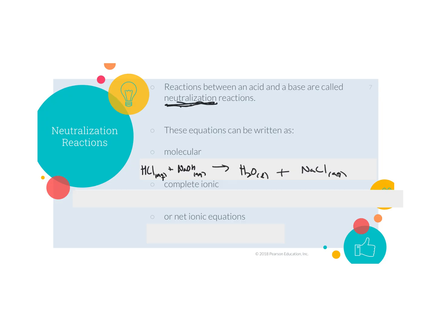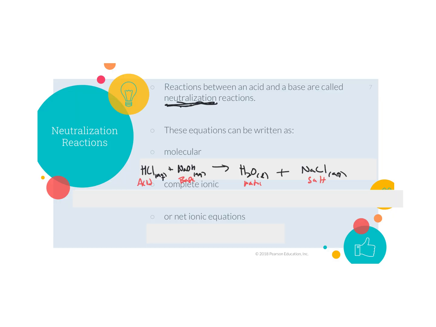In this case, this is our acid. It gives a proton. This is our base. It takes a proton. This is just water. And this is a salt. When you neutralize an acid and a base, you make a salt.